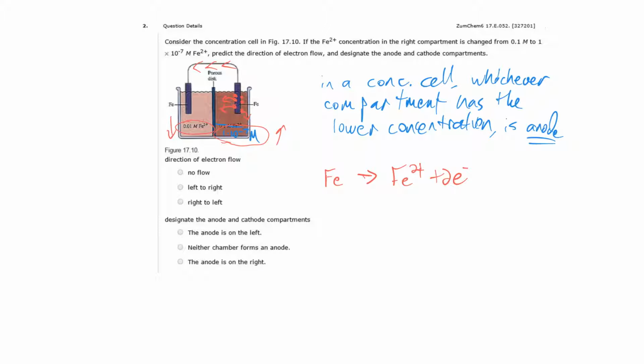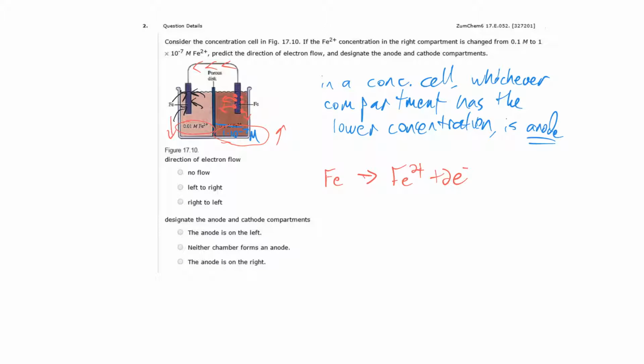And simultaneously, as electrons arrive on the left side, iron ions will be jumping onto the iron. In fact, you can measure this. If you weigh the iron before and after a concentration cell or any electrolytic cell or galvanic cell has taken place, there will be a change in the mass if you let it run for long enough.